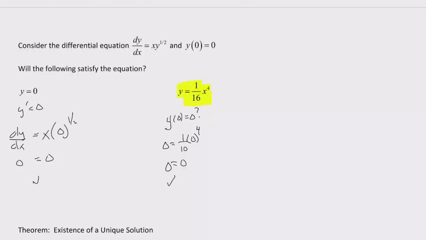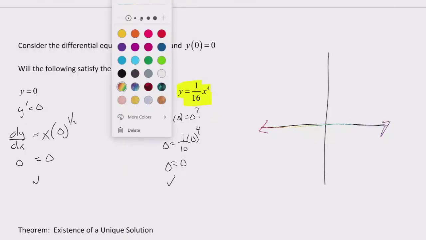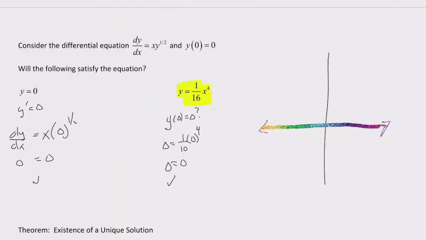Graphically, we can do a quick comparison of these. So if we think back, what does y equals 0 look like? That's a flat line right there. Let me make that a little bit thicker so we can see that. So it's a nice flat line through the origin. Right, and then what about 1/16 x to the fourth? Well, if you remember your college algebra graphing days, it looks kind of quadratic. It's a little bit thicker at the bottom end there. So it might come out looking something like this.